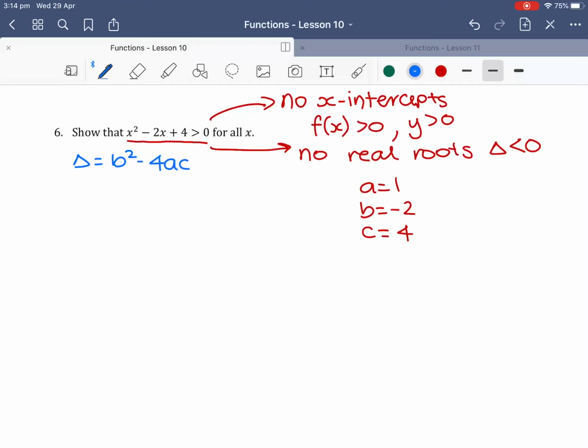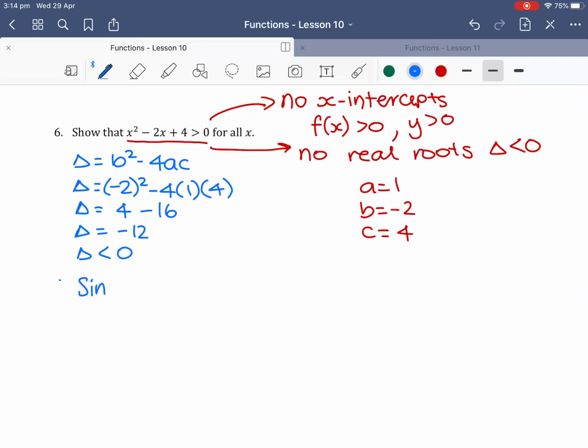If we sub this in, our discriminant equals b, which is -2 squared, minus 4 times our a of 1 times our c of 4. So we get our discriminant equals 4 minus 16. So our discriminant equals -12. So our discriminant is less than 0, which says that we have no x-intercepts.